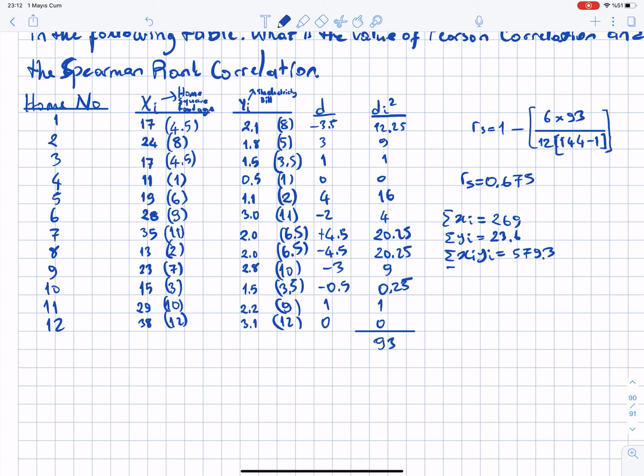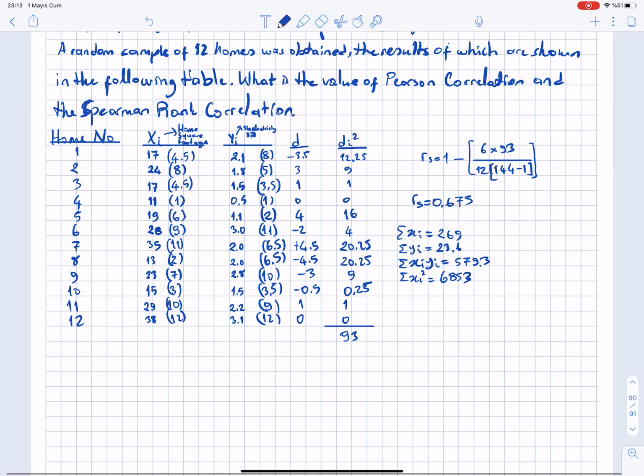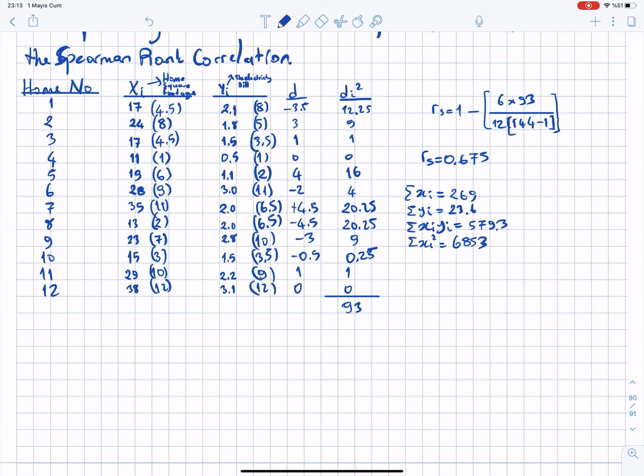The sum of xi squared is 6,853. The sum of yi squared is 52.90.